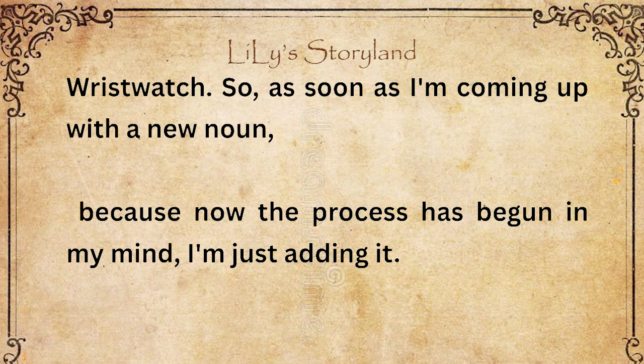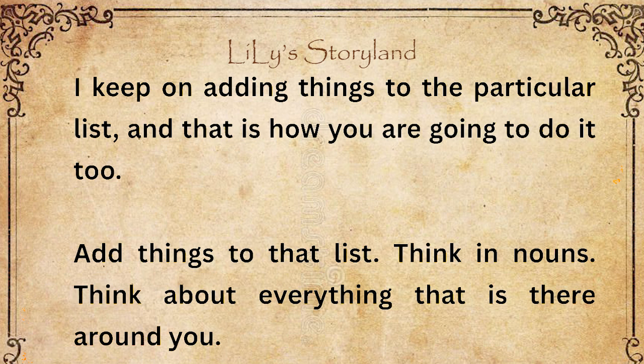Wristwatch. As soon as I come up with a new noun, because now the process has begun in my mind, I'm just adding it. I keep on adding things to the list, and that is how you are going to do it too. Add things to that list. Think in nouns. Think about everything that is there around you.